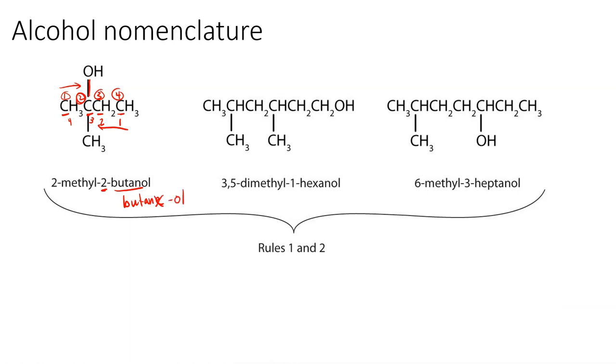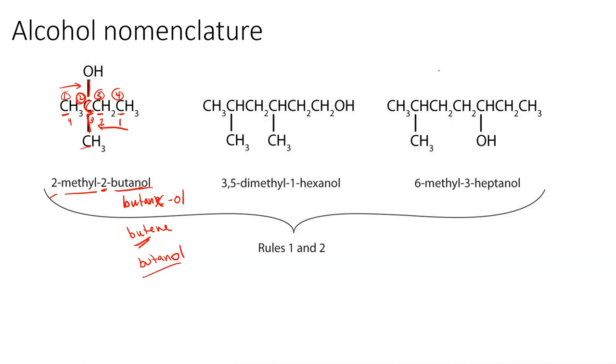Also off of the group here, this second carbon, we have a methyl group, so that is the 2-methyl 2-butanol. So with this functional group, instead of, for example, when we were looking at double bonds, butene, we'll just take the base of that word and then add the OL ending. So butane, take off the E, add the OL ending.